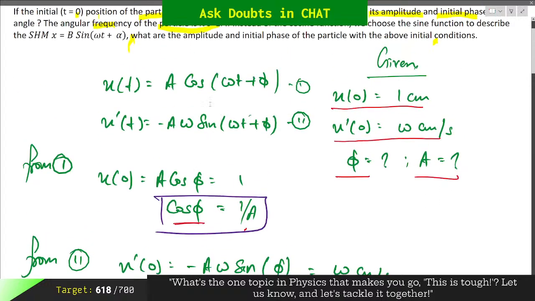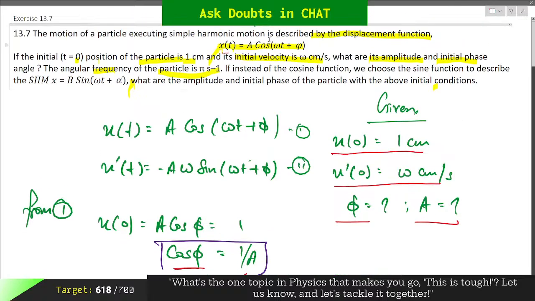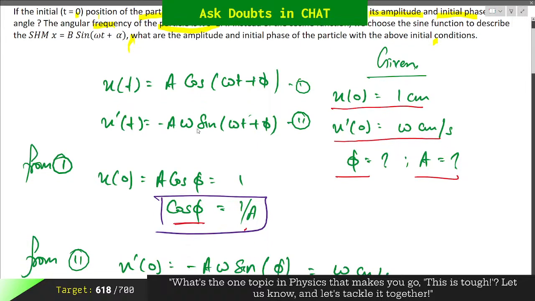With the given general form of simple harmonic motion as a cosine function, we will at first use the cosine function, A cos(ωt + φ). Now we have been given that the value of x at t = 0 is 1 centimeter.